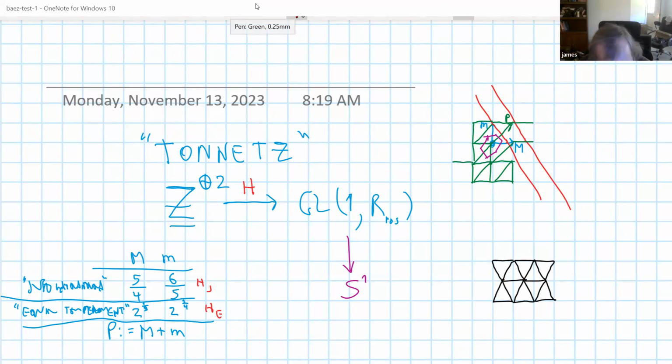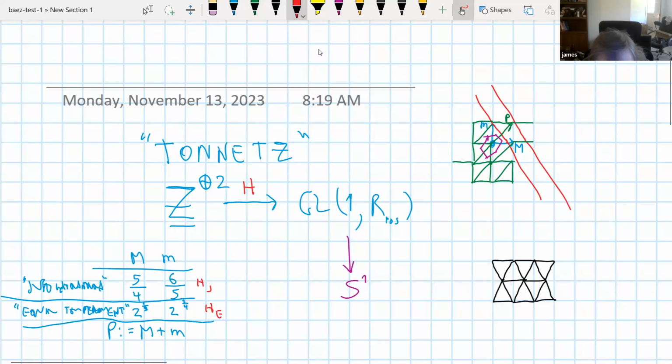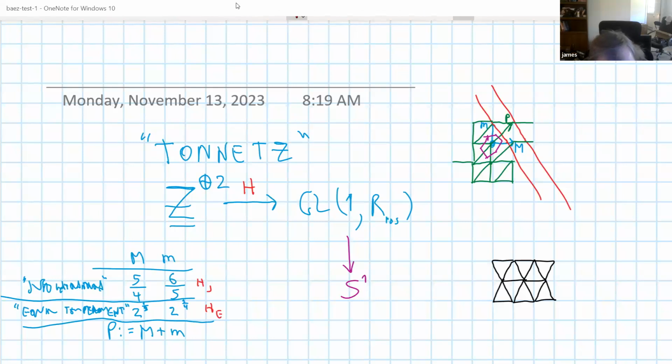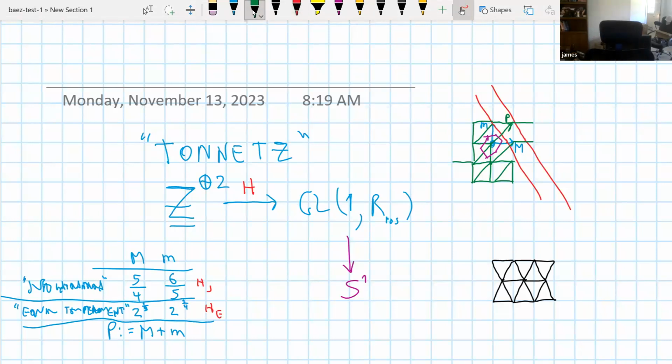What I'm going to do is put in barycenters of all the edges, and put in some color scheme. These major thirds, I'll put them in green. Am I doing this right? Yep. And then the perfect fifths, I'll put those in blue.